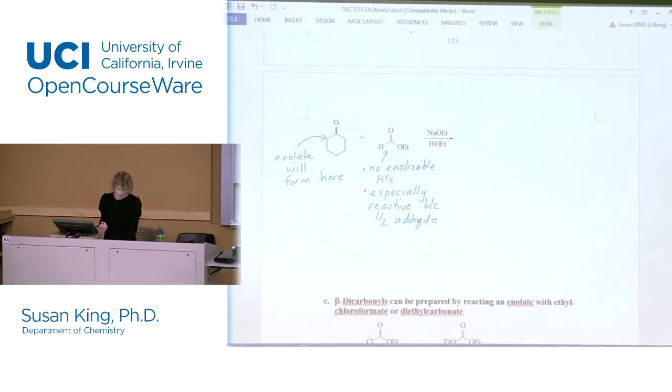So it turns out that the ketone is more sterically hindered, and so you're going to favor attacking the formic ester. So ketone more hindered than formic ester.